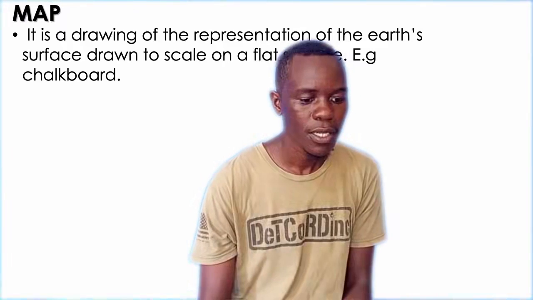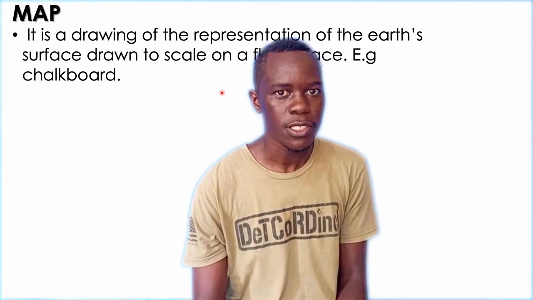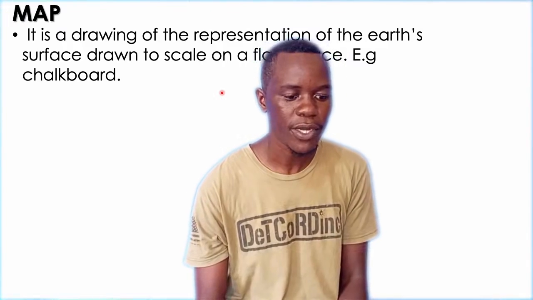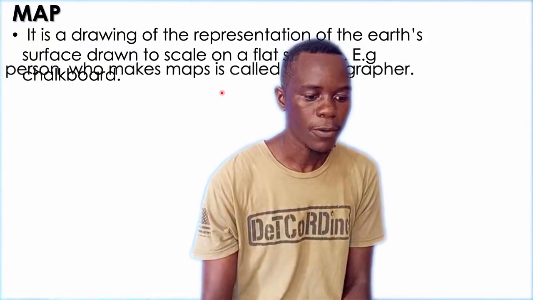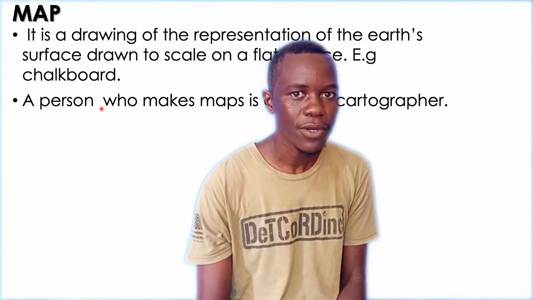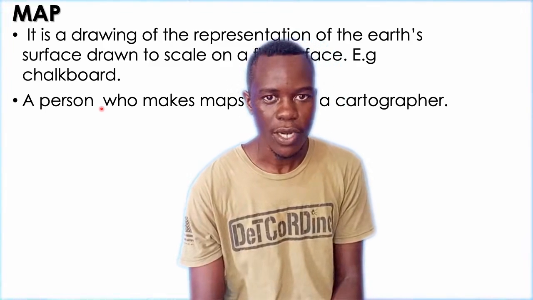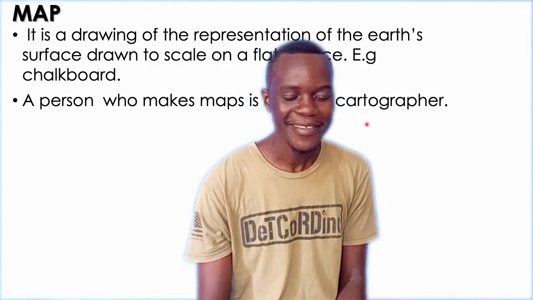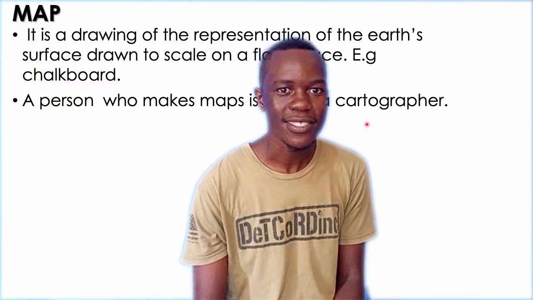But that drawing is just a representation of the earth drawn to a scale. Usually a person who makes maps is called a cartographer. So we can say that someone who draws a map is referred to as a cartographer. So if you are able to draw a map, then you'll be referred to as a cartographer.